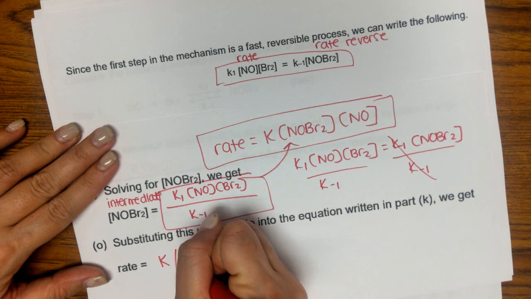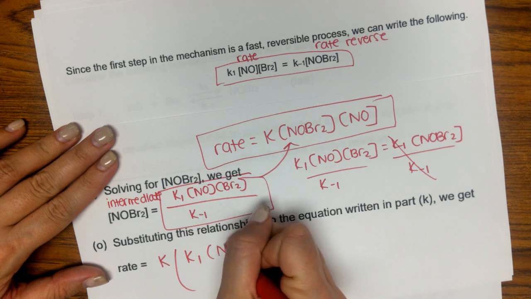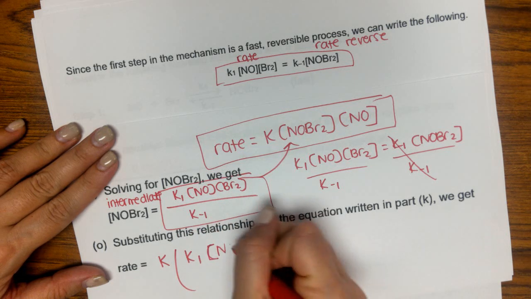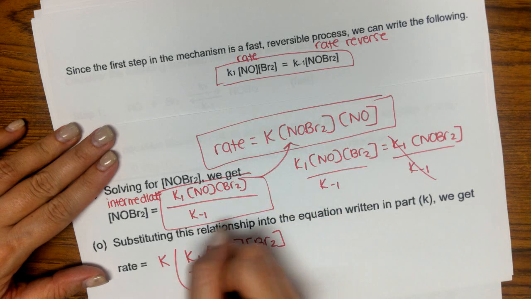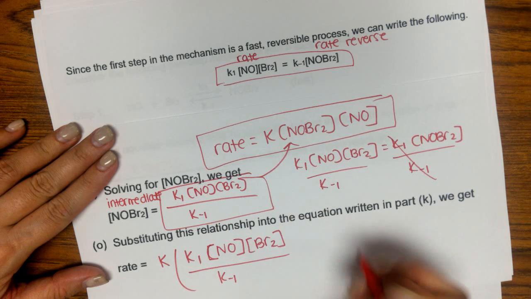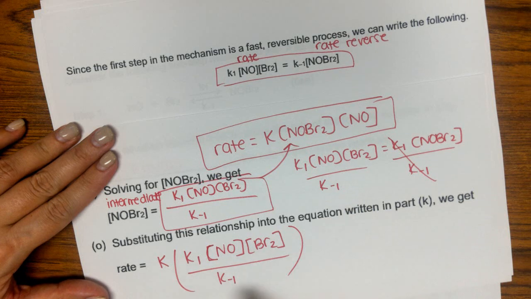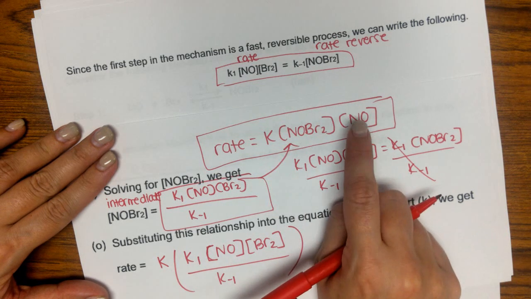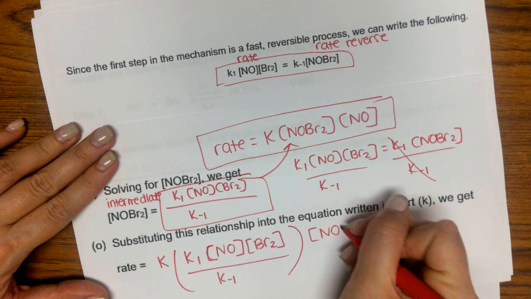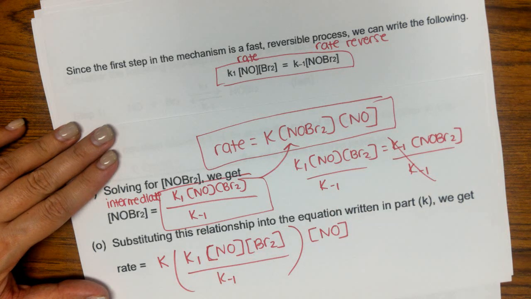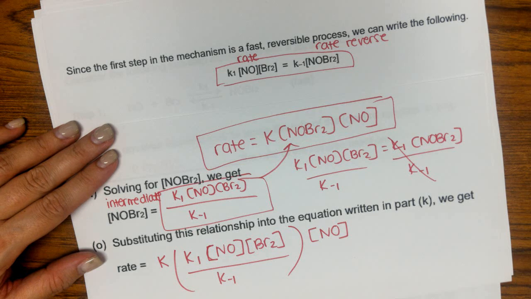So K1 times NO, and that should be a bracket, BR2 over K to the -1. And then what was the rest of my equation? The rest of it was NO. And now we have a rate law that doesn't have any intermediates in it.